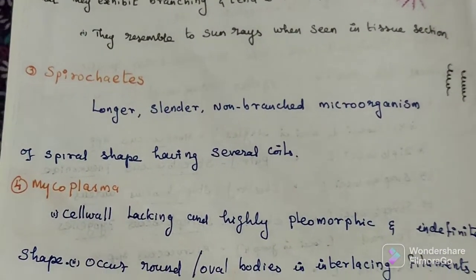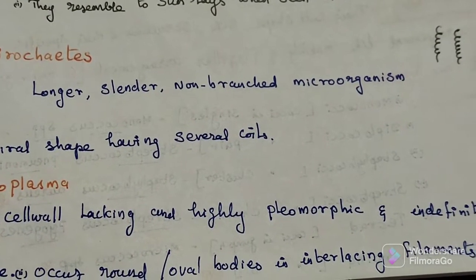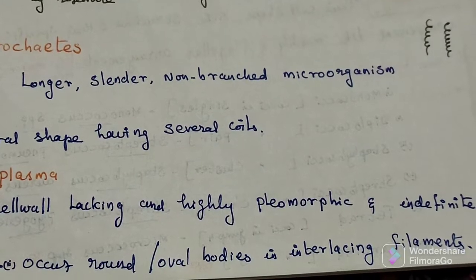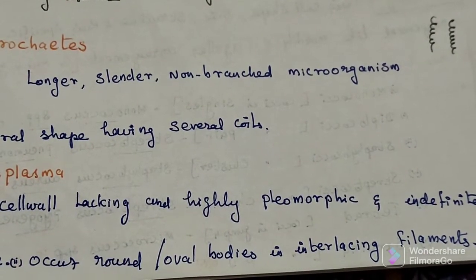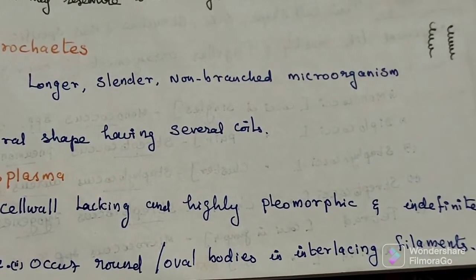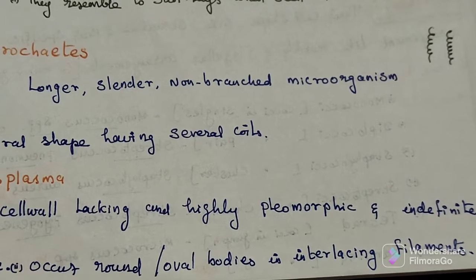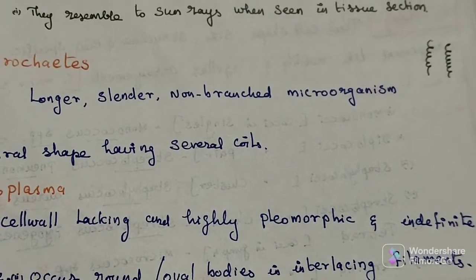Next one is Mycoplasma. Mycoplasma is a genus of bacteria that lack a cell wall around the cell membrane. This characteristic makes them naturally resistant to antibiotics that target cell wall synthesis.